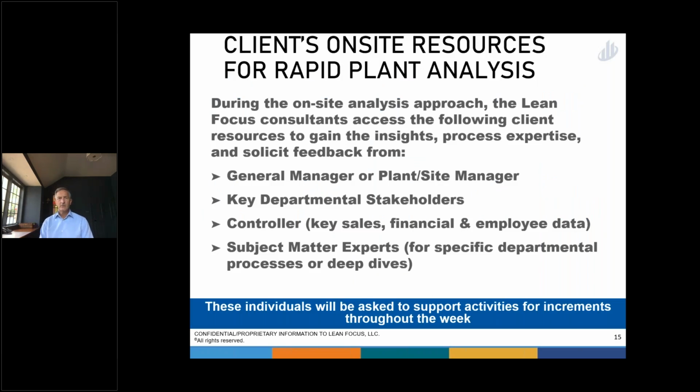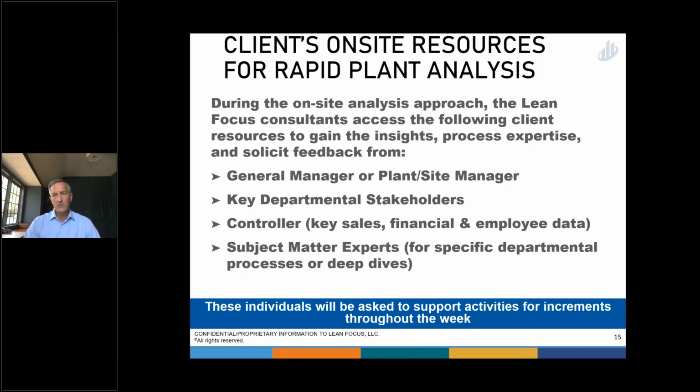So in terms of resources, we typically want the general manager or the plant or site manager to be involved to help set the tone and be there to ask questions and provide direction if there are big questions about whether this is important or that is important.